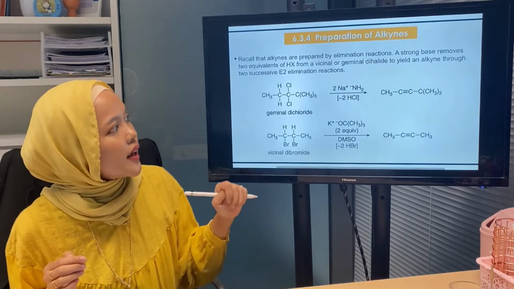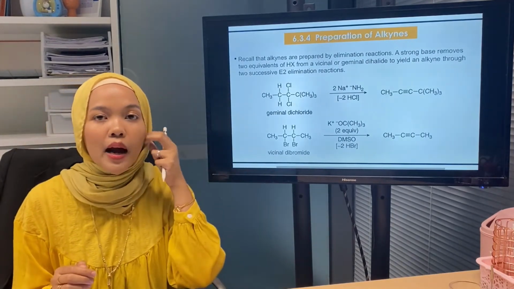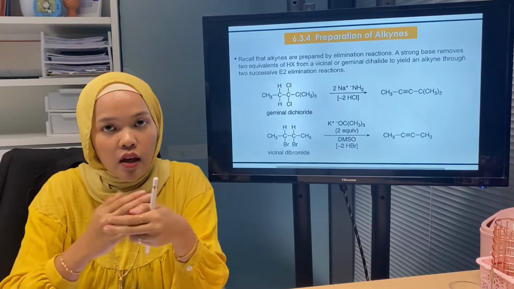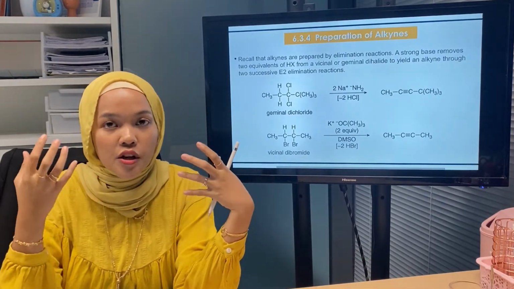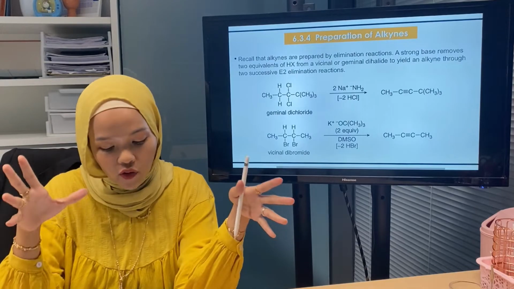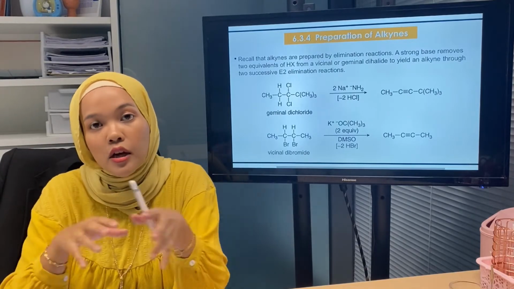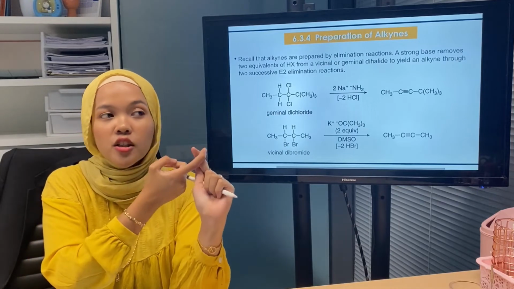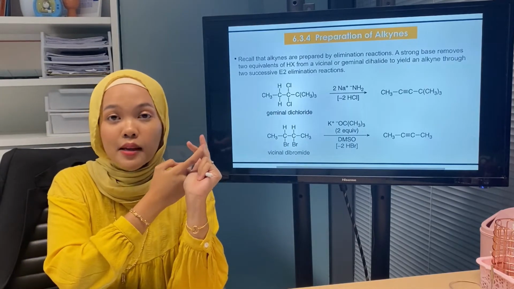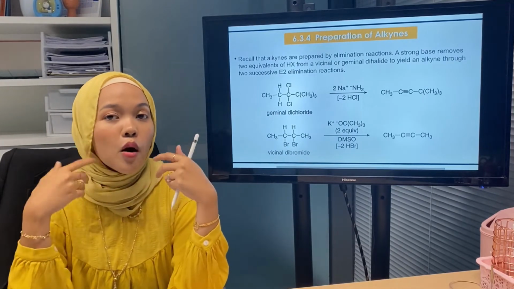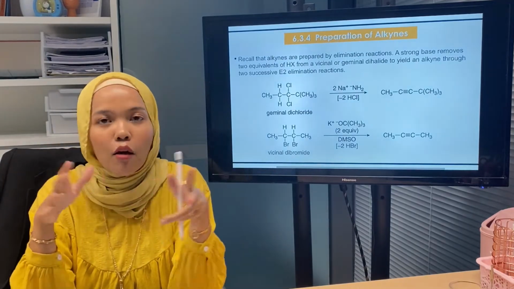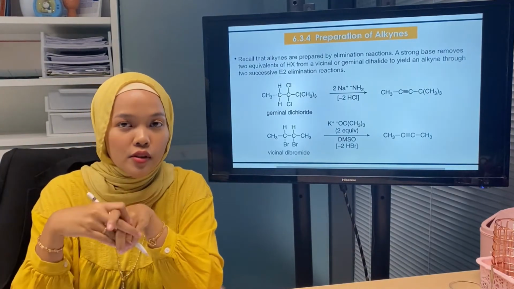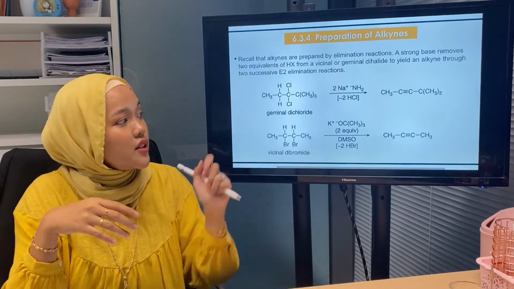Recall that alkyne can be prepared by elimination reaction. We have shared with you the types of organic reactions: addition, elimination, and substitution. The most common method is that you can produce alkyne from elimination reaction.